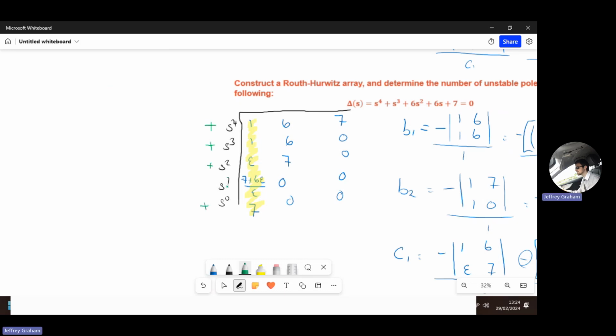It's just this s to the power 1 to think about. Just to emphasize the point, remember epsilon is a very small number, just greater than naught, and you use that as its value.